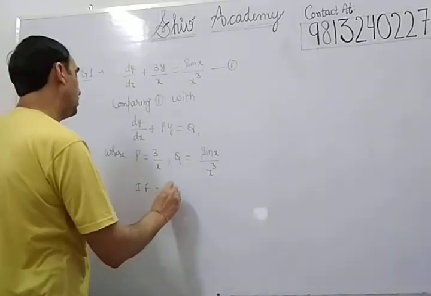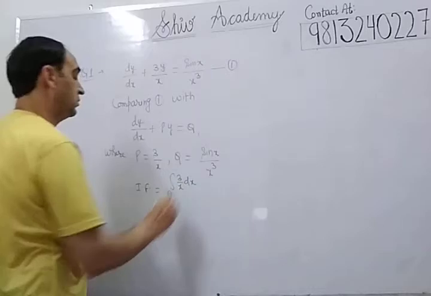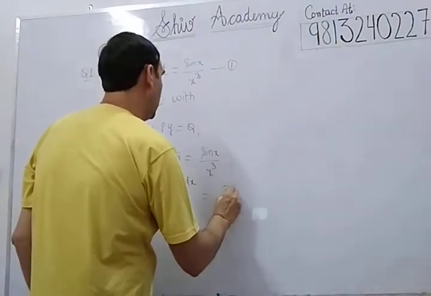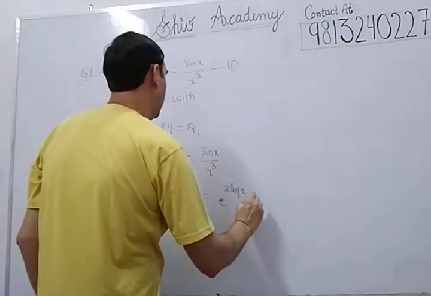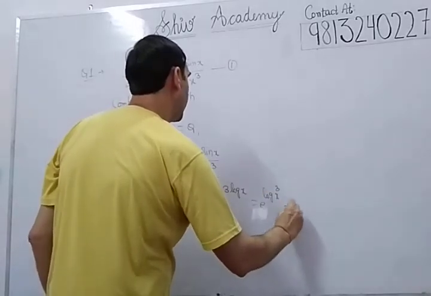Integrating factor is equal to e to the power integral 3 by x dx. So it is e to the power 3 log x, which is equal to e to the power log x cube, and that's why it is x cube.